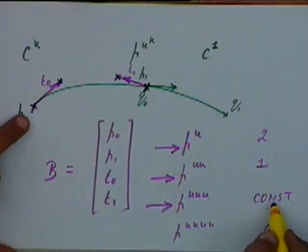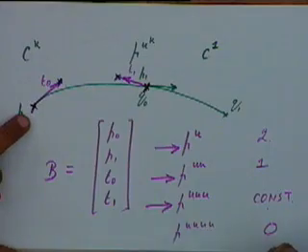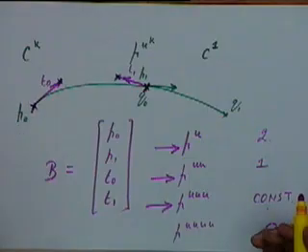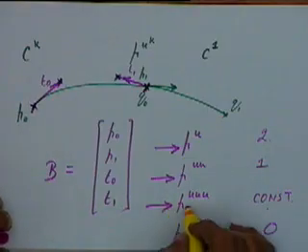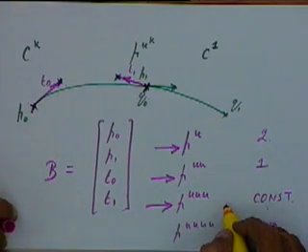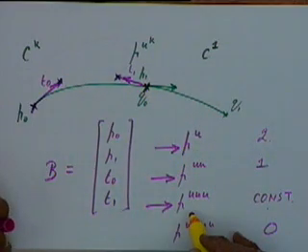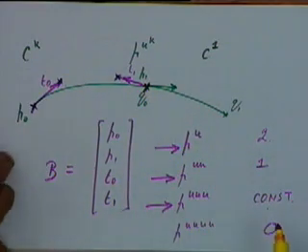And if I get C3 continuity, all higher orders of continuity are always there, because all those derivatives are 0 anyway. But it doesn't make sense to define that continuity, because only up to the third derivative will we get non-zero terms. You can define even higher orders of continuity, but once you get C3 continuity, higher orders of continuity don't make any sense.